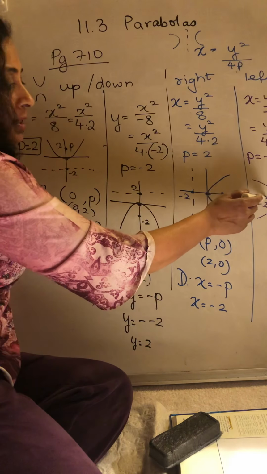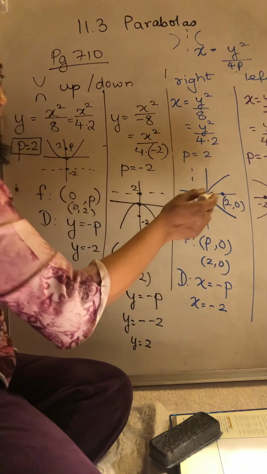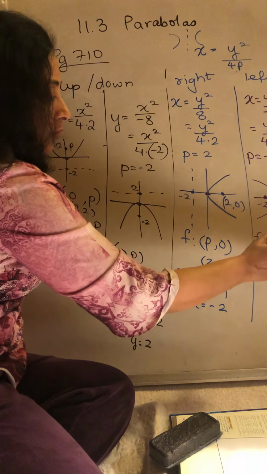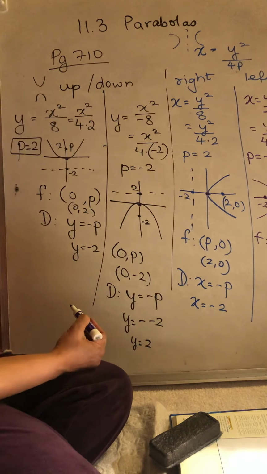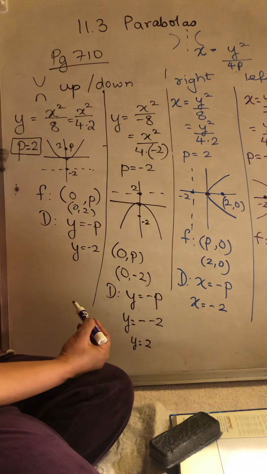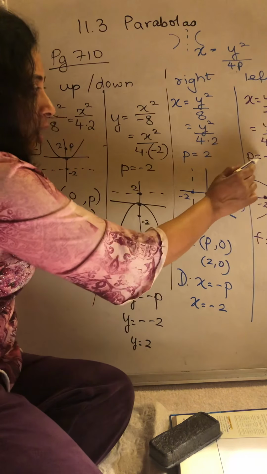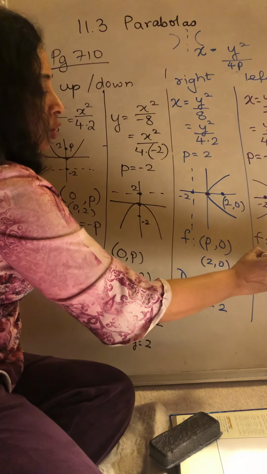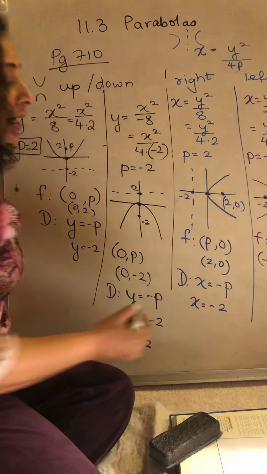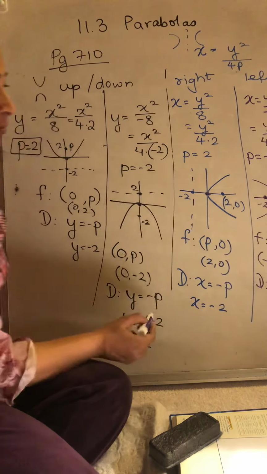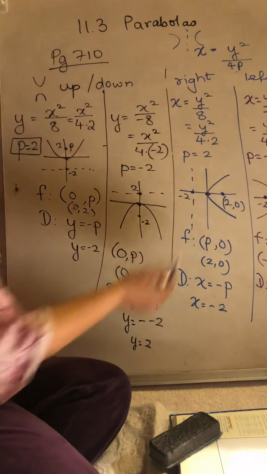So this focus is on the x-axis, which means all y's are 0. So the focus is always p, 0. Don't think about p as positive p and negative p. Focus is always p. But p is negative 2, so my focus is negative 2, 0. And what's my directrix? My directrix is a vertical line.